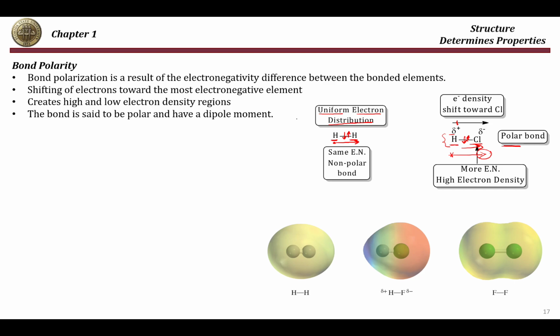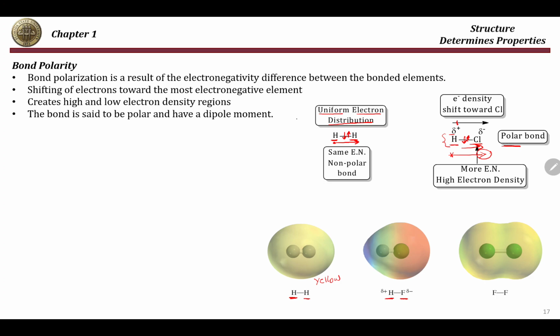These are called electrostatic potential maps, and they give us an idea about the electron distribution around the elements. As you can see here, in hydrogen and hydrogen, we just have one color, this yellow color, and this is telling us that we have uniform electron distribution. In the case of hydrogen fluoride, because fluorine is by far more electronegative than hydrogen, most of the electrons will be shifted toward the fluorine.